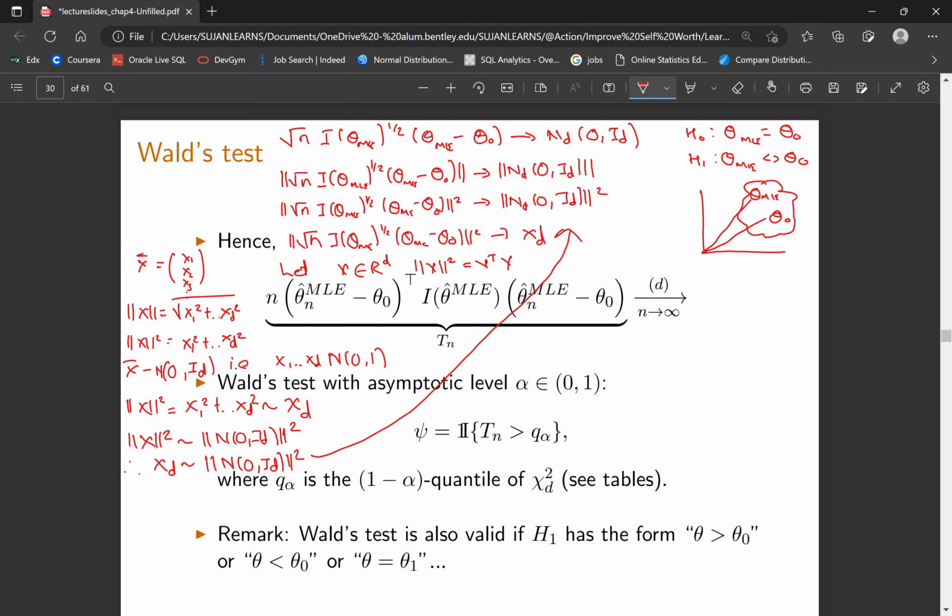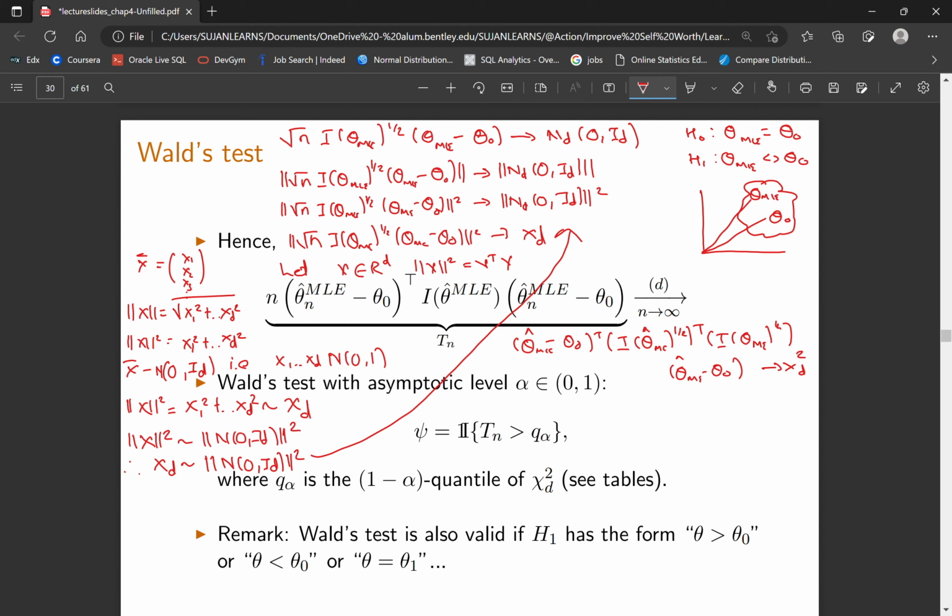Now let's do the same thing here and write that form in transpose format: theta MLE minus theta naught transpose, times theta MLE minus theta naught, which we know approximates to chi square.